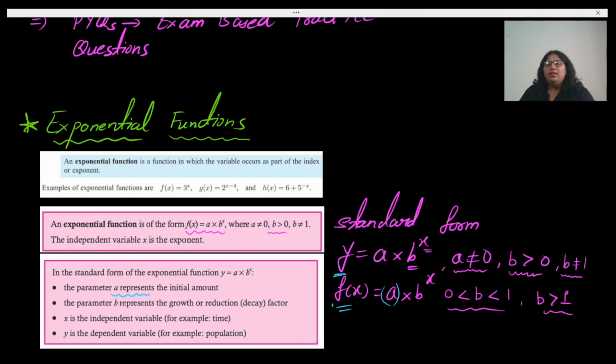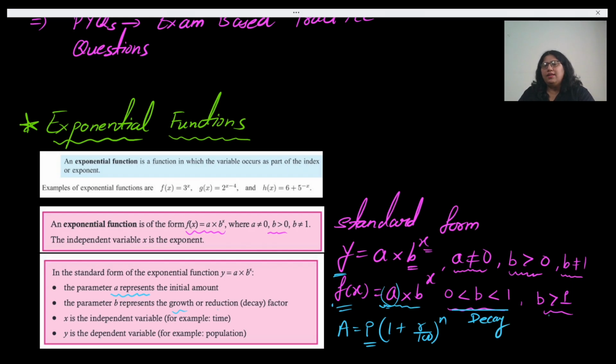The real life application you will see in the compound interest formula, which you have learned as 1 plus r by 100, whole power n. The outside value P is taken as the initial amount, or initial value, original value, and then there is the growth or decay factor. If the value of b is less than 1 but greater than 0, then you will get decay.